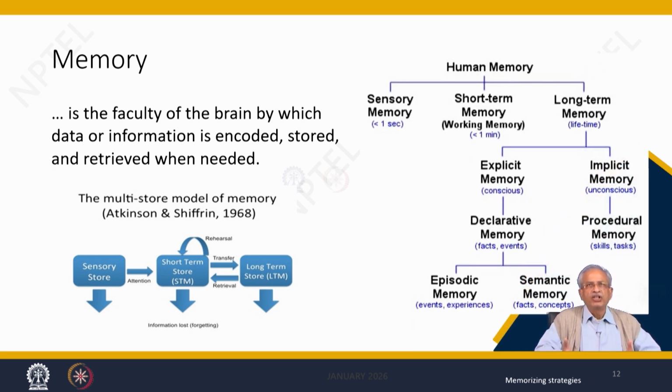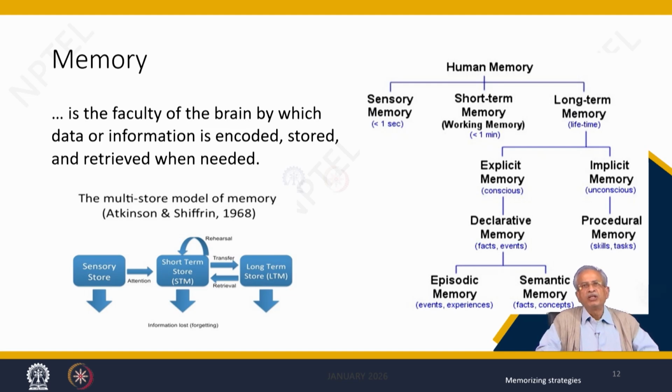So, from sensory store to short term memory to long term memory, what is required is consolidation, and memory has many types. We have sensory memory which remains with us for less than a second, for milliseconds actually. We have short term memory which is also called executive memory, which is less than a minute, and then long term memory, which is a lifetime memory. Now, this long term memory has two components, explicit memory and implicit memory.